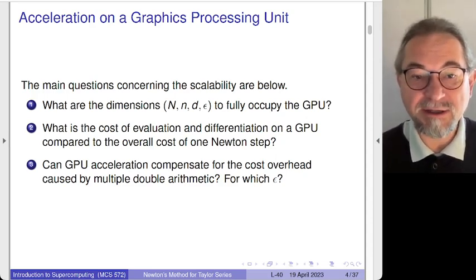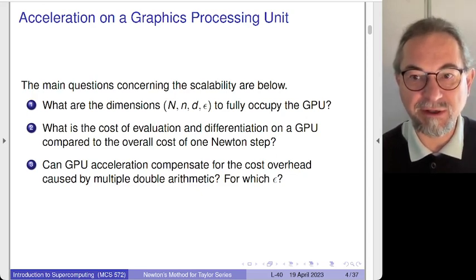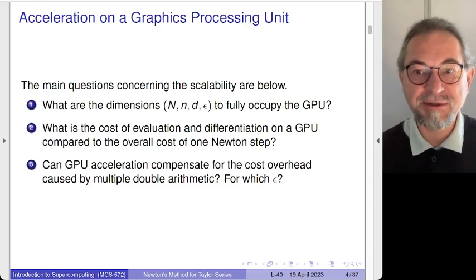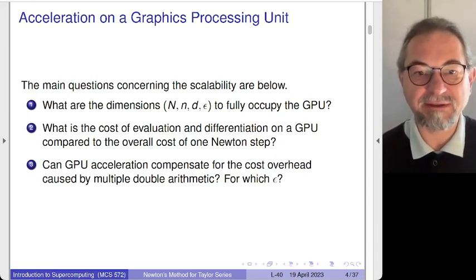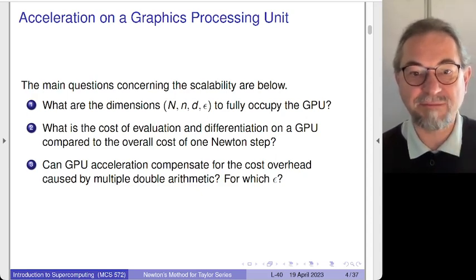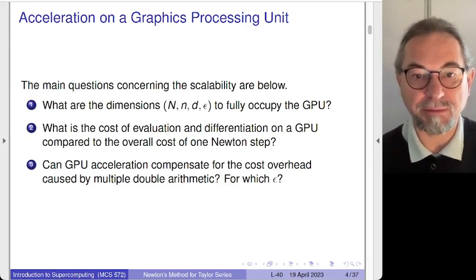Then the higher precision, so this factors into the quality up. So most of the time, if you consider nonlinear problems, the standard 64-bit double precision may not suffice, and I will motivate that again. Then you can ask yourself, for which level of precision can the graphics processing unit compensate for the extra cost overhead caused by multiple double arithmetic?